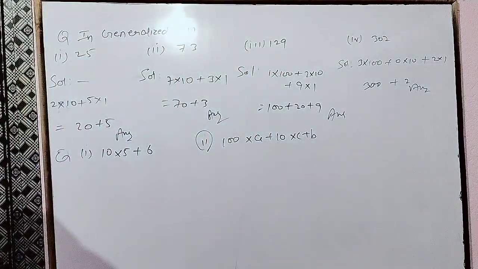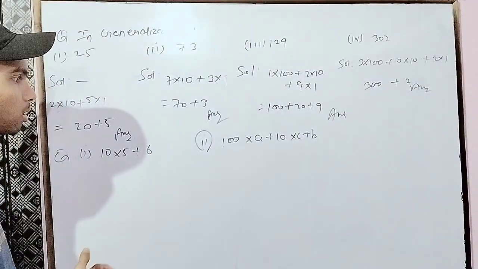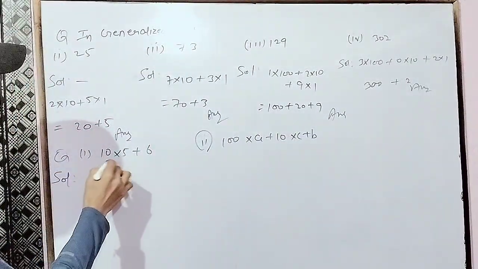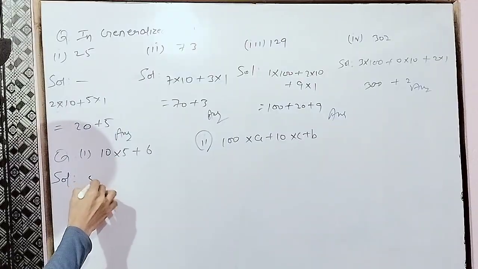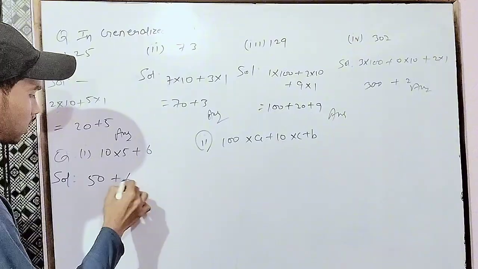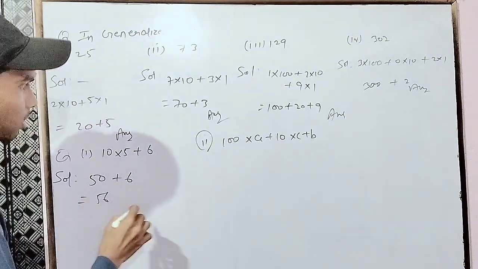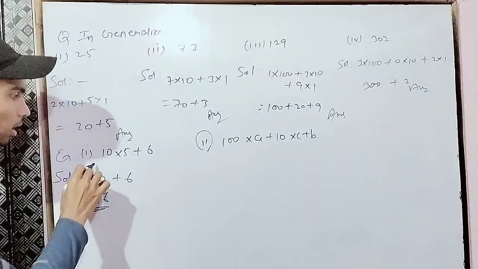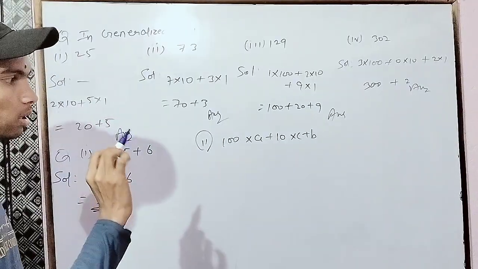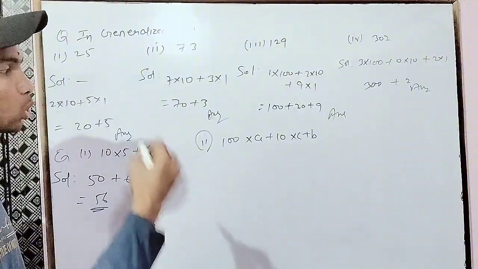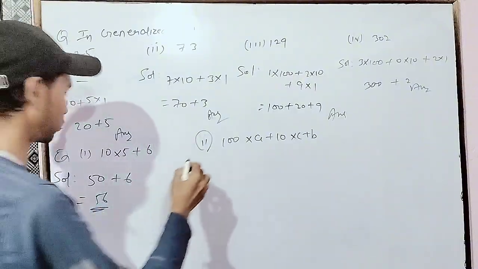Here these are in general forms because they are separate. Here 10,000. Okay. This is 10 and 6. It will become 56. This is in usual form. Convert numbers which are in general form into usual form.